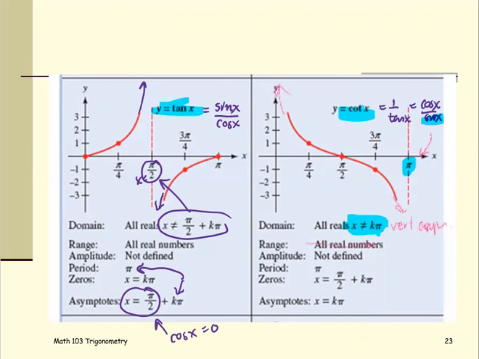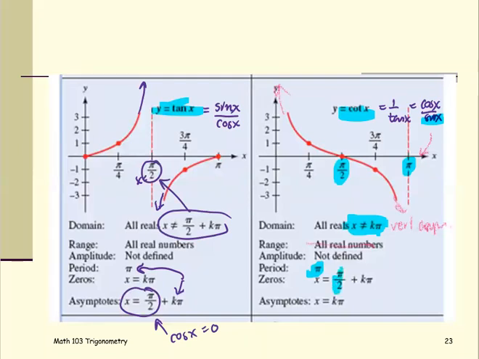The period is pi because every pi, the graph repeats the same pattern. The zero, or wherever the graph crosses the x-axis: the graph will cross the x-axis at x equals pi over 2 for the first period. And if you keep going, there will be another one added by pi to the first x-intercept.